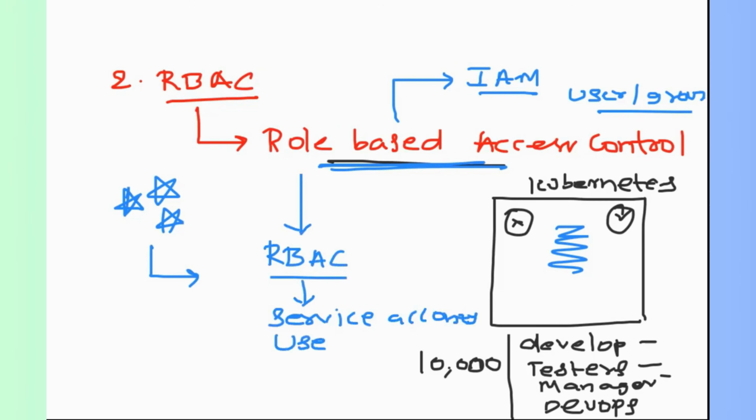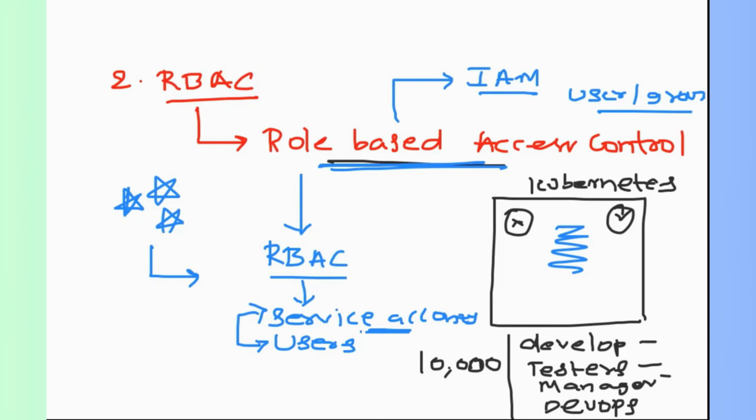The simple difference between service accounts and users is that service accounts are usually the accounts, for example, you are using Jenkins or any third party application, and you are using pods or deployments. These are not users, right? They are basically services, and for services you can provide access.